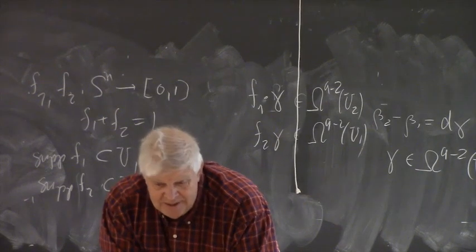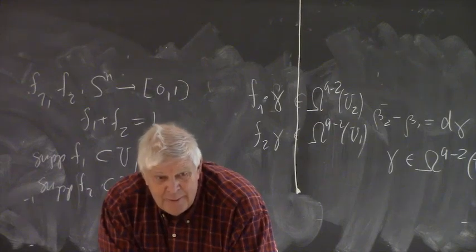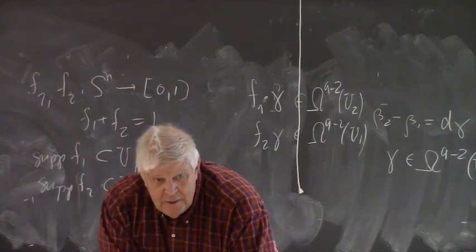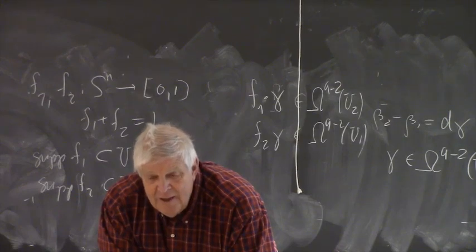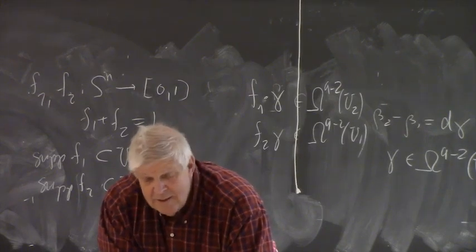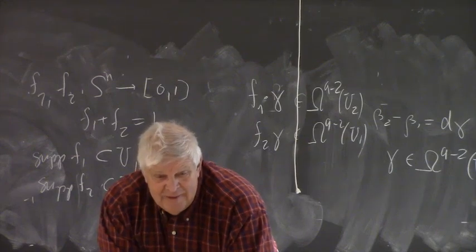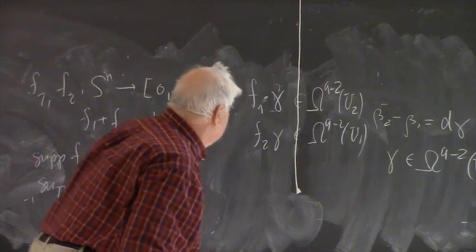How to achieve this? You can add to beta 1, subtract from beta 1, any form which is exact, which is closed, but we prefer the exact forms that can be given by formulas. So consider new beta 1 and new beta 2.